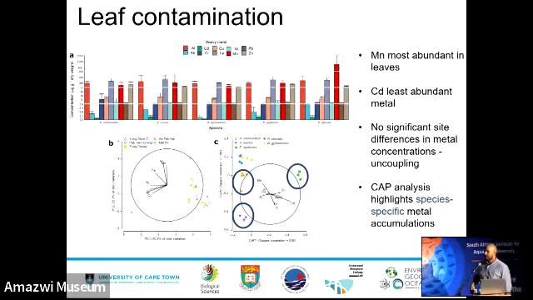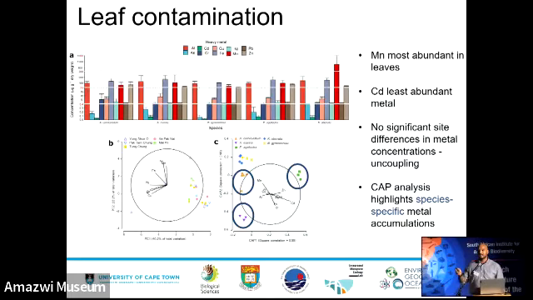When looking at the uptake of the plants, or the population of plants that are in these mangroves, we can see that there are 1, 2, 3, 4, 5 species that we looked at, and manganese was the most abundant, regardless of species, and cadmium was the least abundant, regardless of species. What we also noticed was that there were no significant site differences.